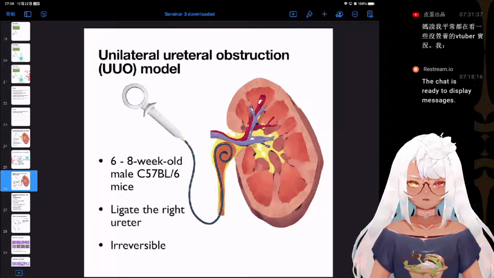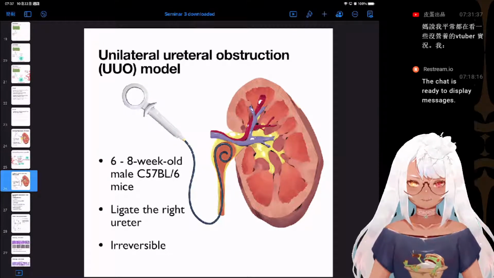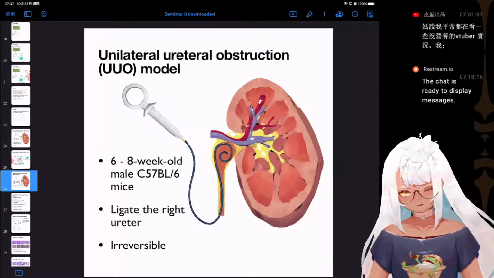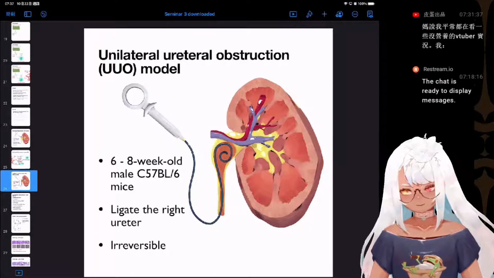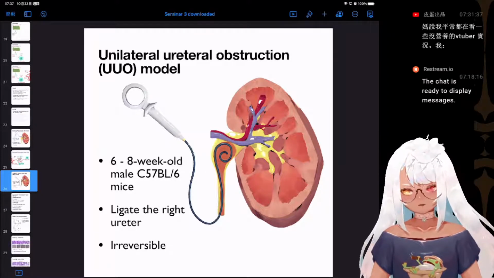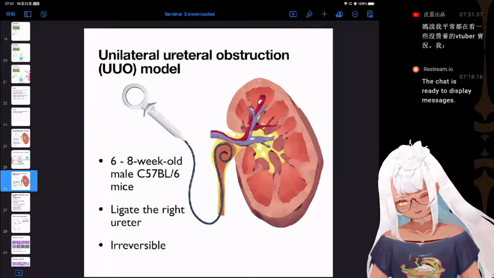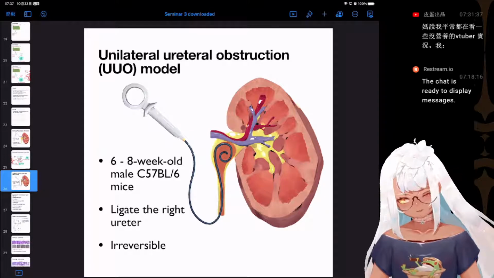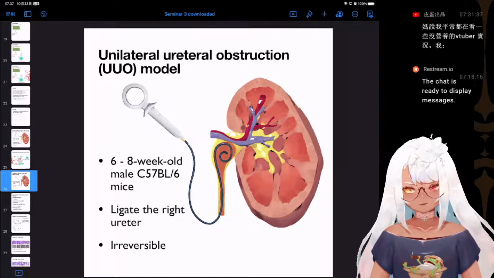Another model though is an irreversible model. It's called the unilateral ureteral obstruction model, in short, UUO. This also uses 6 to 8 week old male C57BL/6 mice. In this model, only the right ureter of each mouse is ligated, which is why it's called unilateral. So this is how they do it.